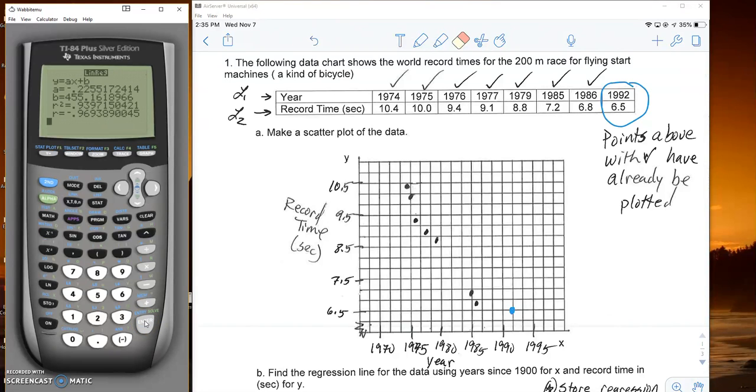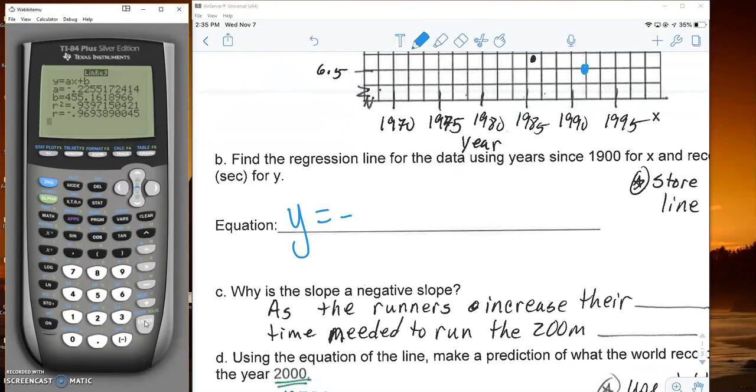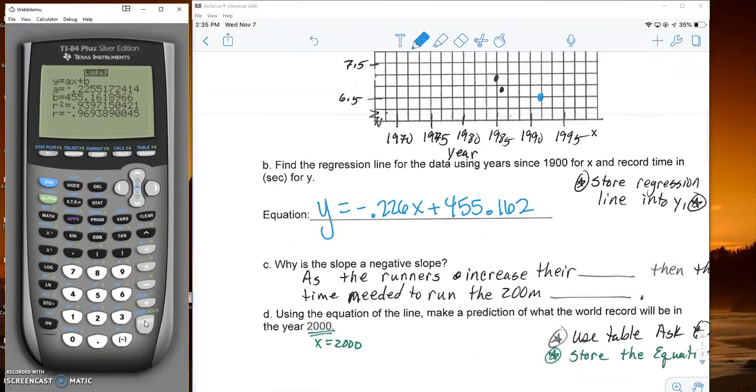And then I will click Enter for Calculate. So for my equation, it's a very ugly equation. I have Y equals negative 0.226x plus 455.162 for my y's.